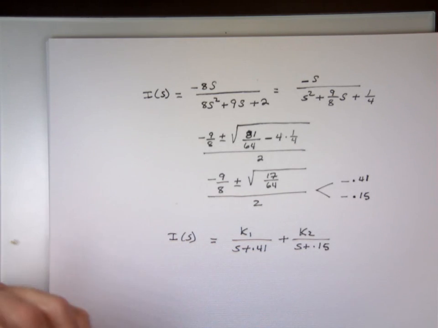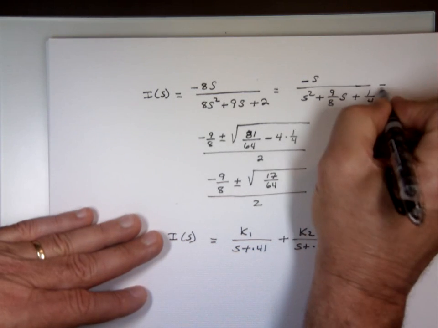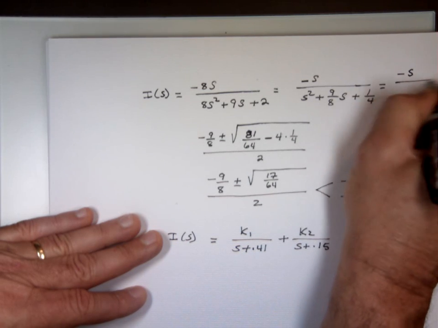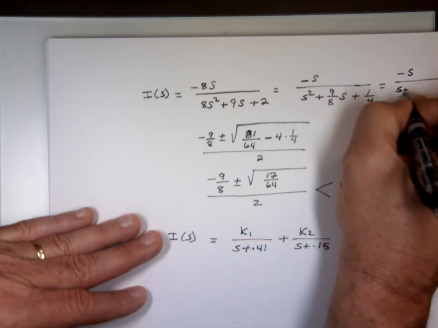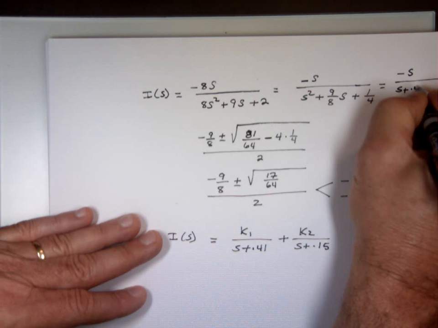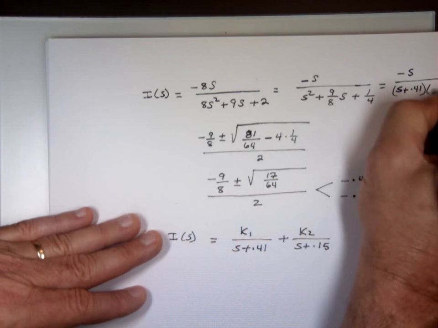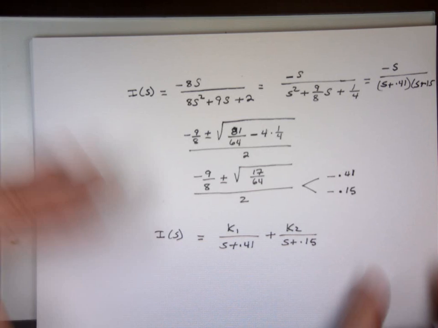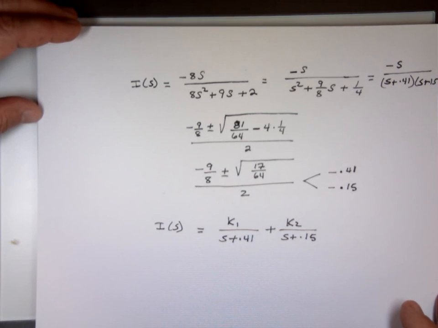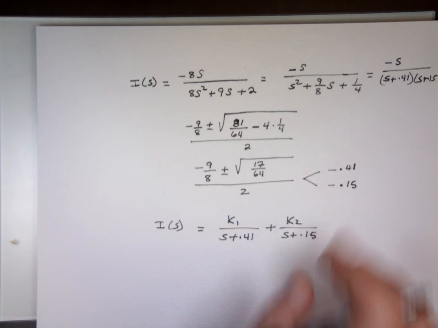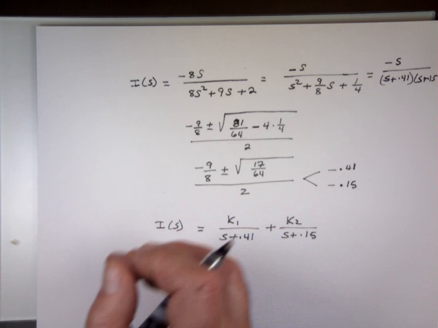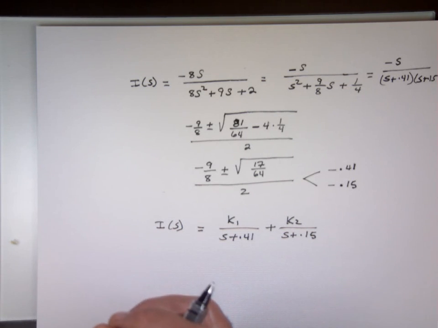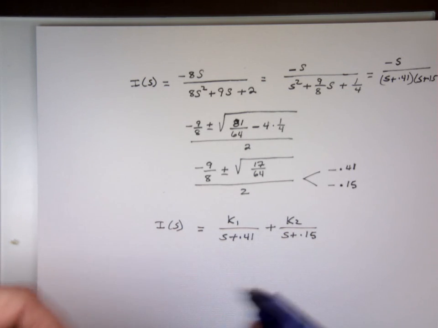That means when you write it, it's going to be negative s over s plus 0.41 times s plus 0.15. I got negative 0.304 for the first one. What'd you get? Negative 0.305. I haven't checked the second one yet. I believe your number is probably more accurate than mine.